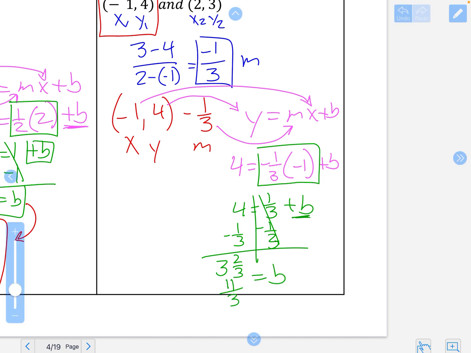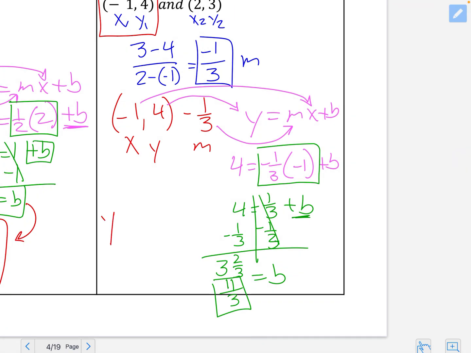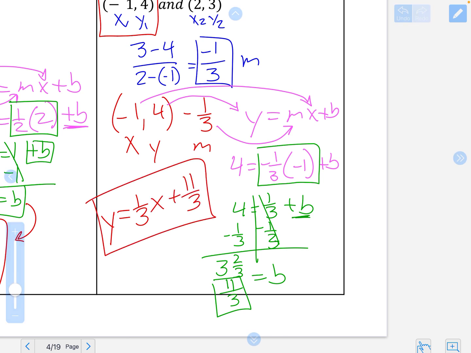So both of these equal b. I am usually going to use the improper fraction, but that does not mean that 3 2/3 is wrong. We just almost never use a decimal. So our final equation, our slope is 1/3. Then we write our x, and we write plus 11/3.